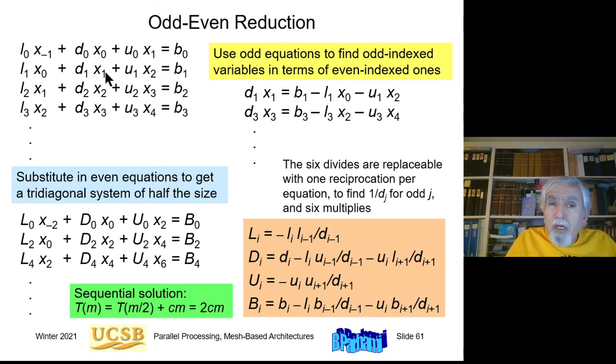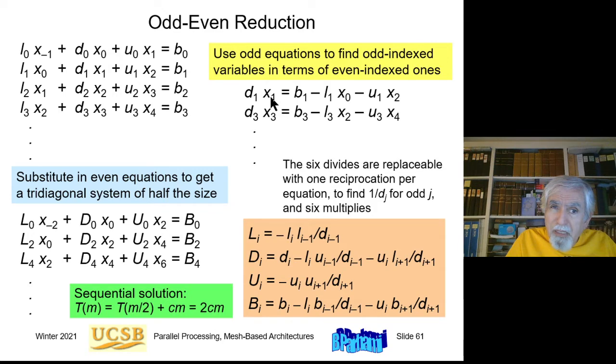So from the odd indexed equations, find the middle variable in terms of the other 2 variables. So find x1 in terms of x0 and x2. Find x3 in terms of x2 and x4.